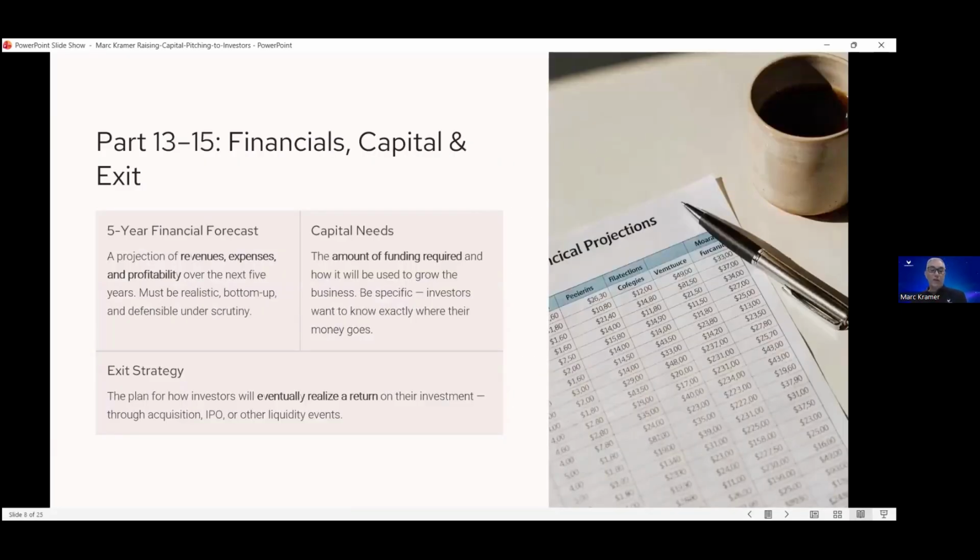Finally, a 5-year financial projection with revenue, expenses, and profitability. So when you're showing this 5-year projection, nobody cares about gross profits. That's a wasted statistic because all you care about at the end of the day as an investor is how much are you selling the product for? And after you pile in all the expenses, how much are you left with?